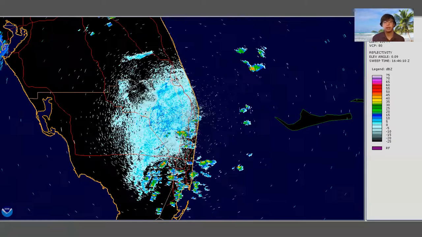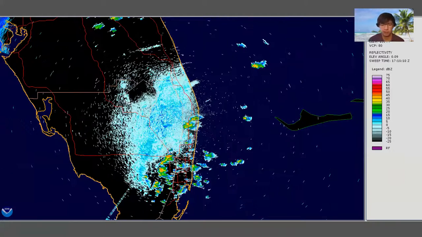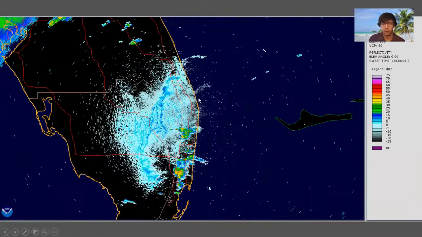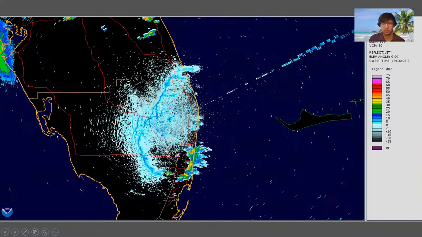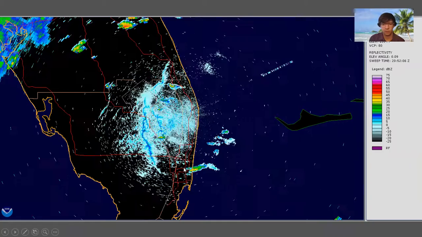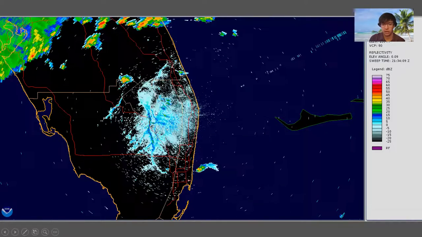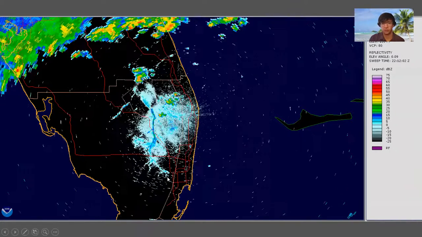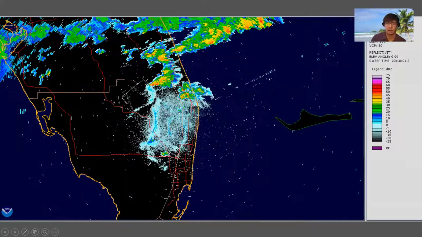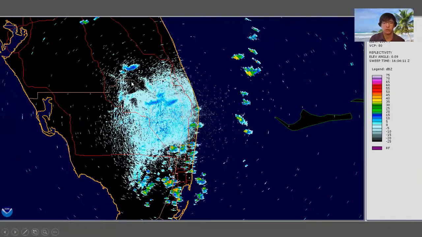So our example here is from March 10th of this year during our spring break. There was a sea breeze boundary that occurred along the southeastern peninsula of Florida. It created some afternoon convection, which created an outflow boundary, which pushed northwestward towards Lake Okeechobee and collided with a prefrontal cell.